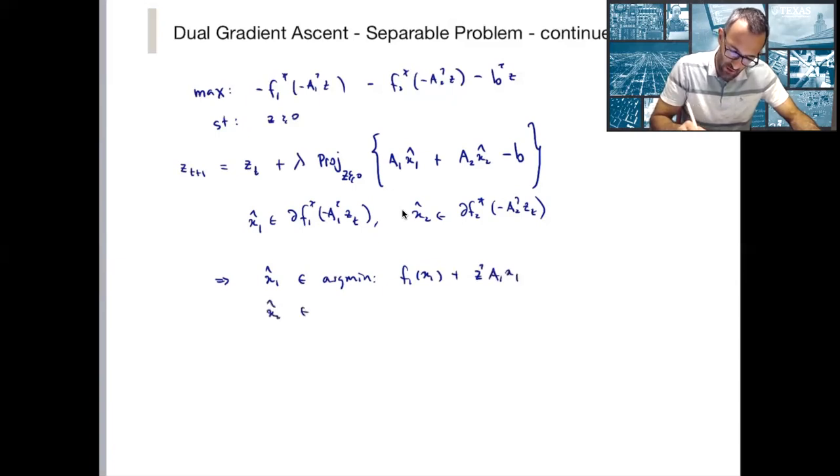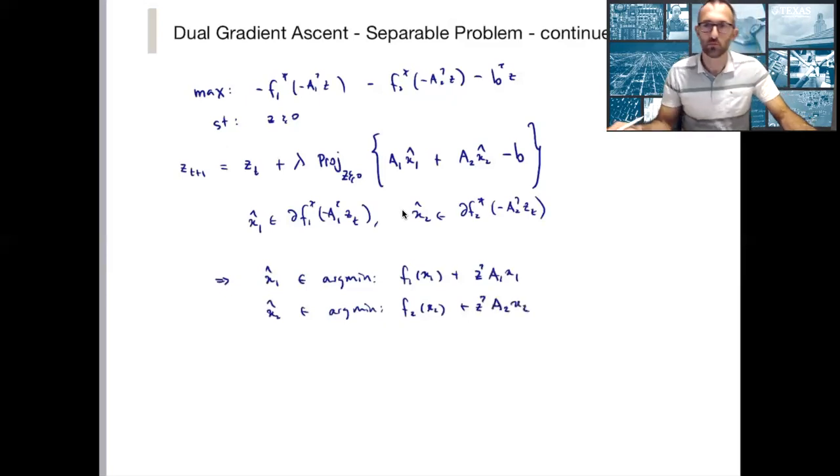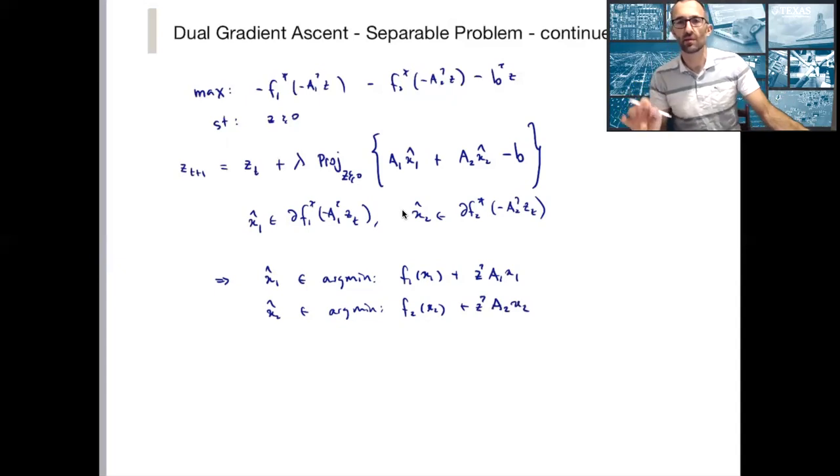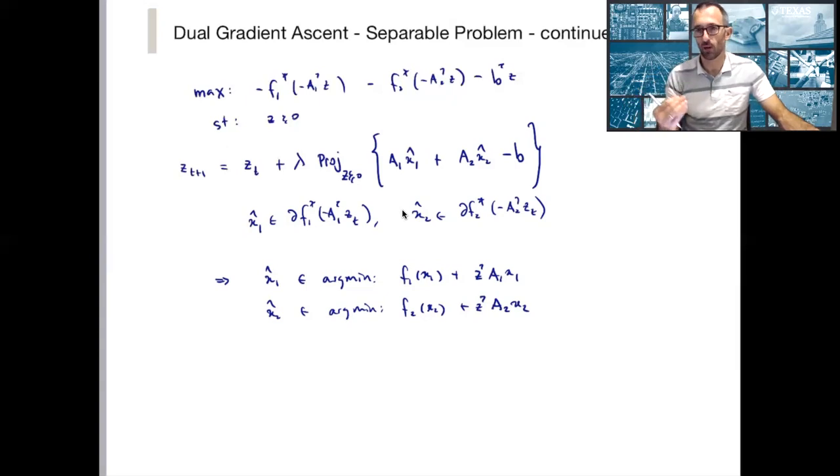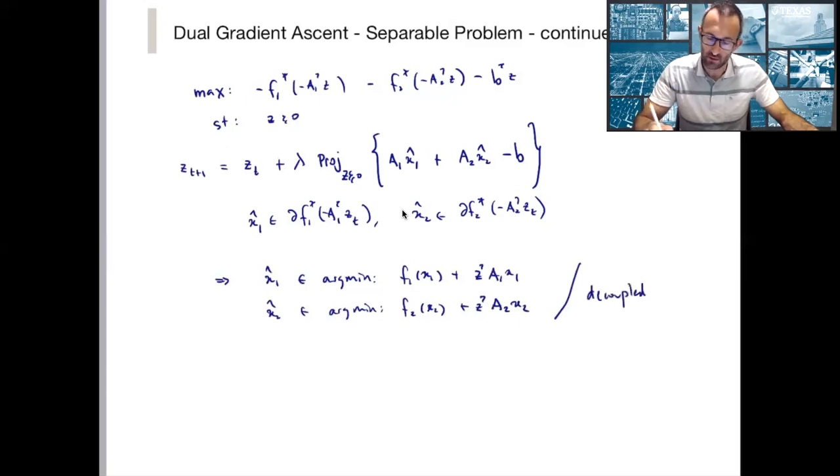And similarly, x2 hat is an element of the argmin of f2 of x2 plus z transpose a2 x2. And so we see this a little bit more explicitly here. I have to solve two problems for every step of gradient ascent, but these problems have no constraints, and moreover, each problem is only in x1. So these are now decoupled. On the other hand, I haven't just overall decoupled the problem. I have to solve them at every step.